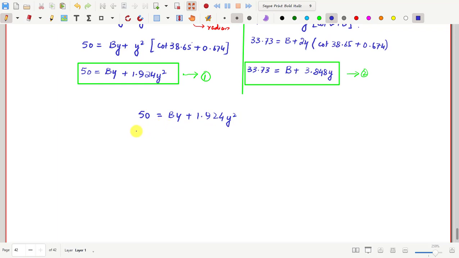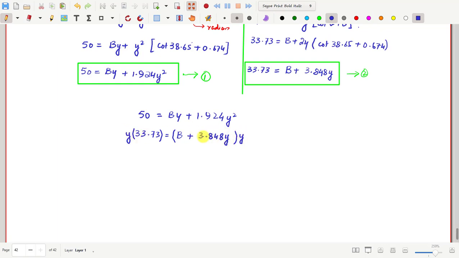And the second equation is 33.73 is equal to b plus 3.848 y. Let me multiply this equation with y on both sides.